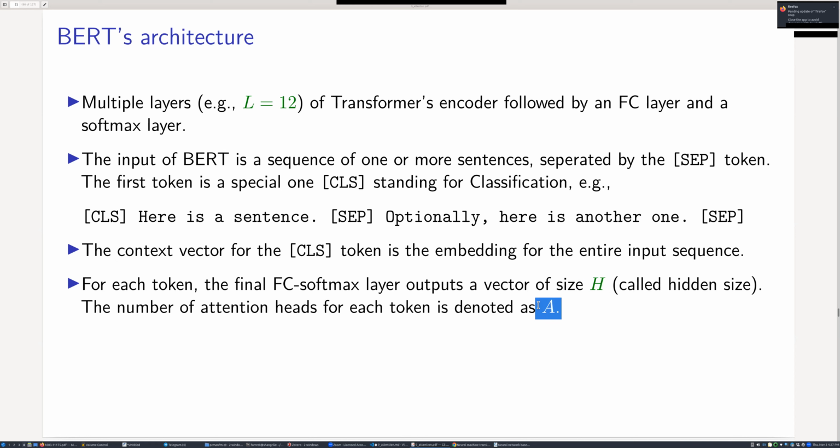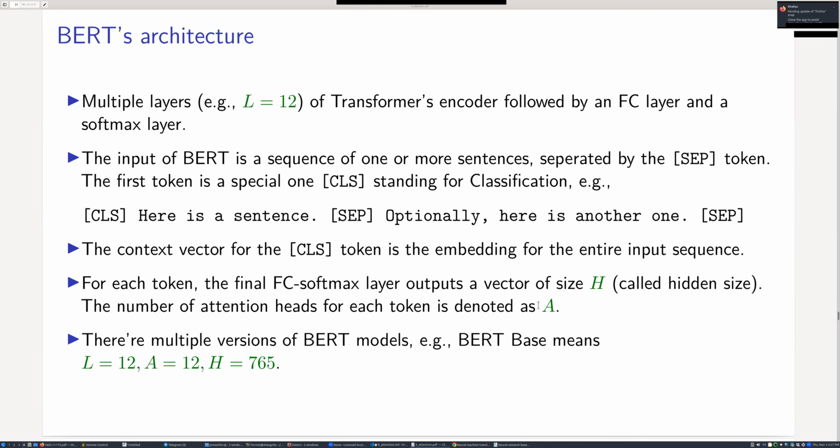If you read those papers, the number of heads is called A. Quite often you will see people describe the size of their BERT model like this. For example, L is 12, A is also 12, so 12 layers, 12 heads, and the hidden state is 768. So this is actually the configuration of the base BERT model.